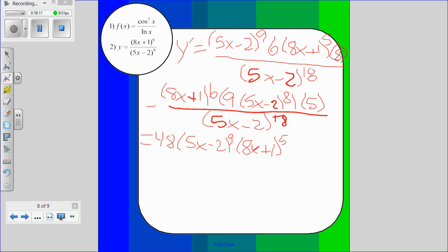And then we are going to run completely out of room, so let me go ahead and put this over my 5x minus 2 to the 18th. And remember, we're subtracting, pulling the same things out on that next one. I've got a 5 times 9, so 45.